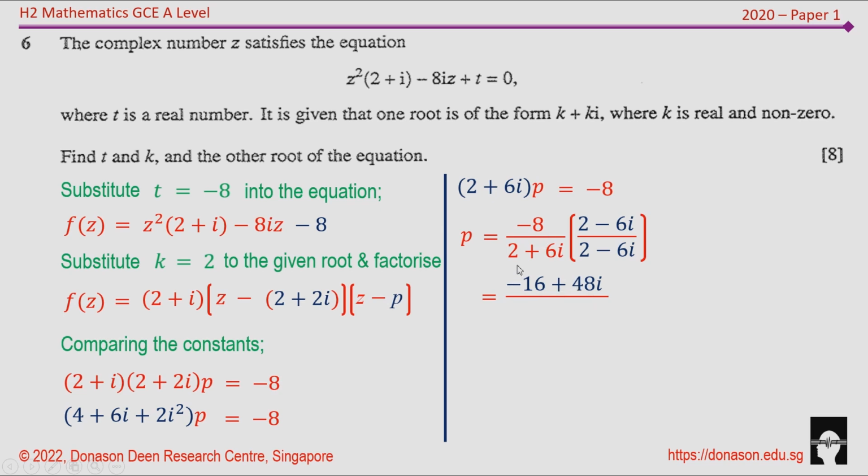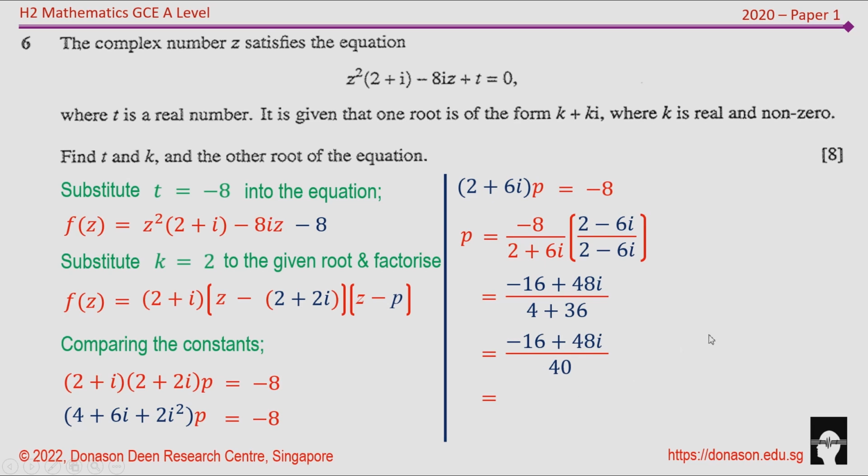Now for the denominator, we have 2 plus 6i and 2 minus 6i, and of course 2 squared is going to become 4, plus minus is going to become minus 36i squared, and because of the i squared, the minus 36 would now turn into a plus 36. So the denominator would of course be 40.